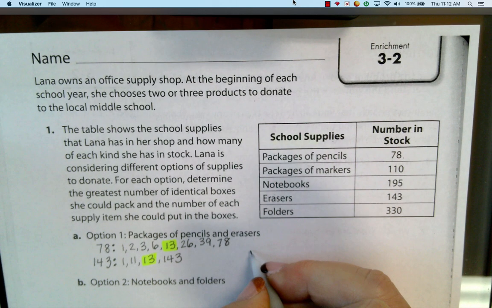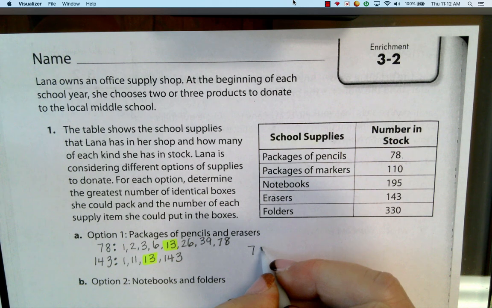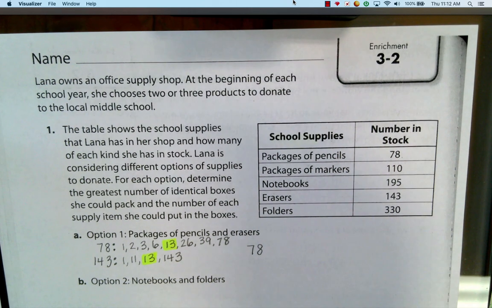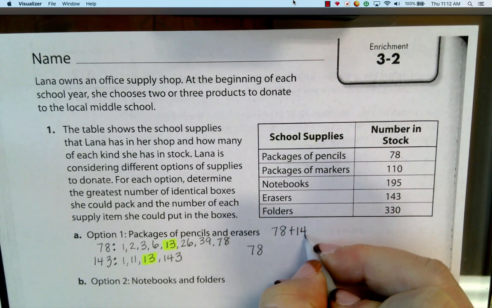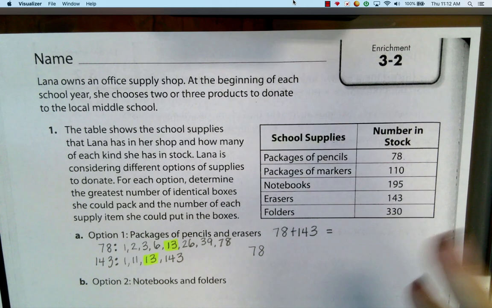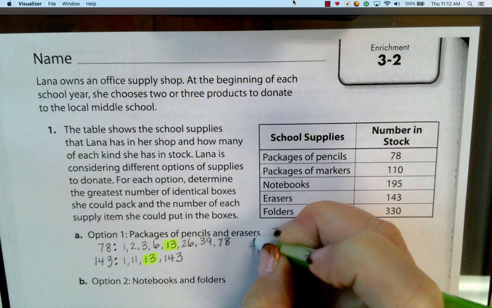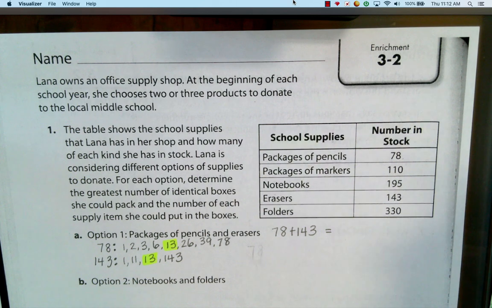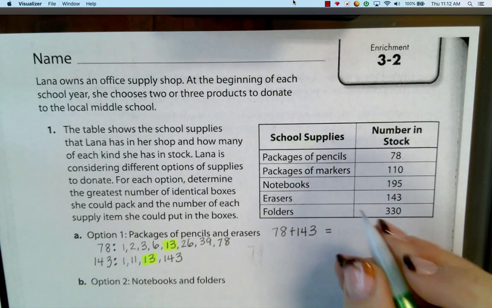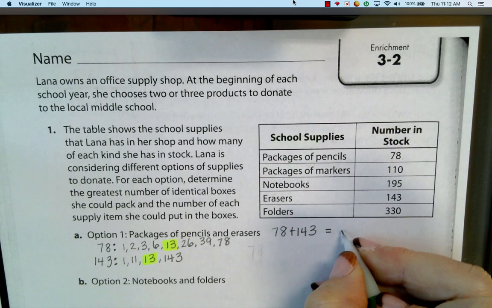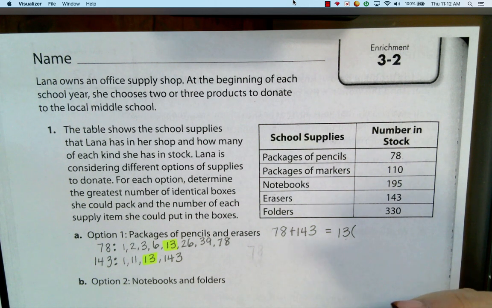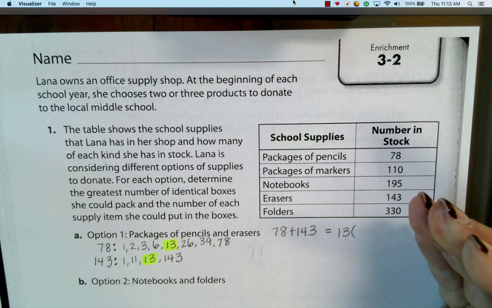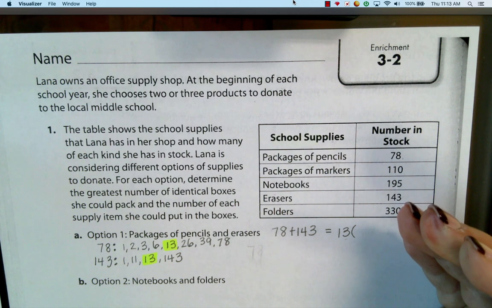So we're going to come over here and I'm going to do 78 plus 143 equals. We had a small example like this yesterday, actually. So the greatest common factor is 13. This whole number represents the number of boxes she's going to make, okay?